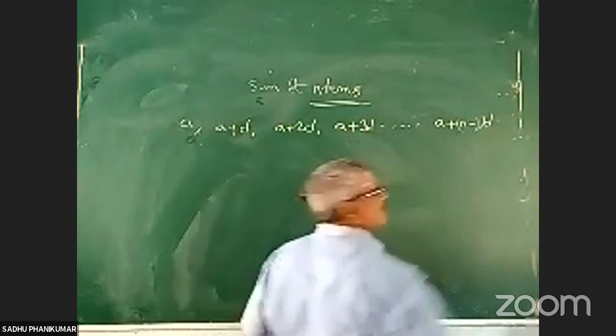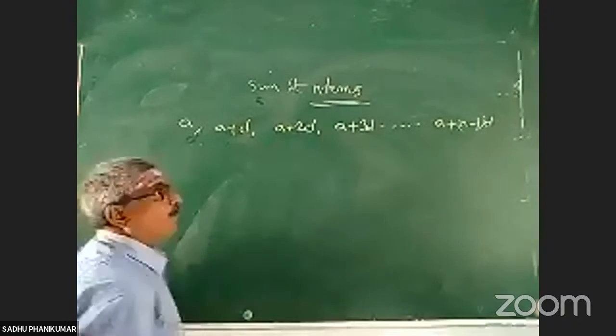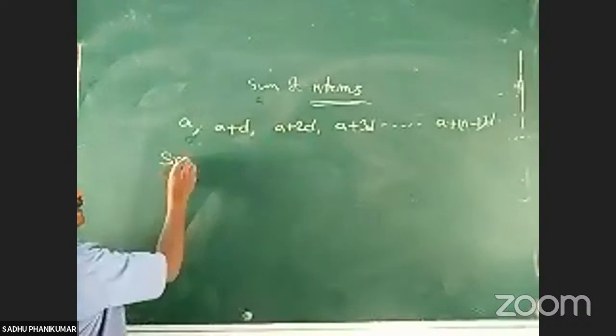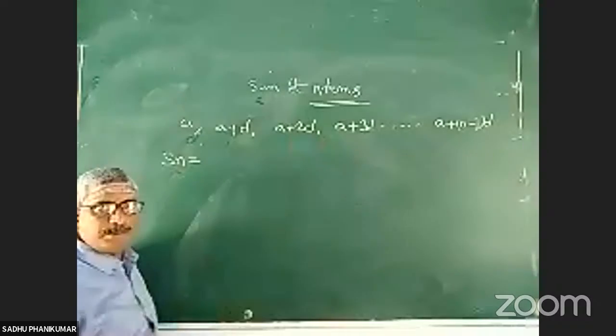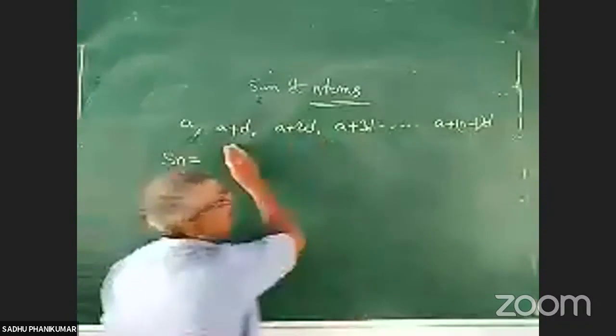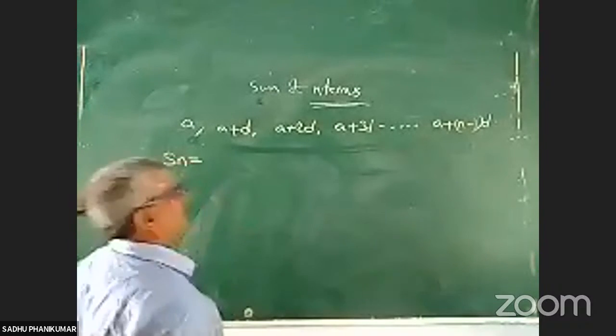This is the general form of an AP. Now we have to find Sn, that means the sum of n terms in this AP, that means by adding all these terms, how much value we get.